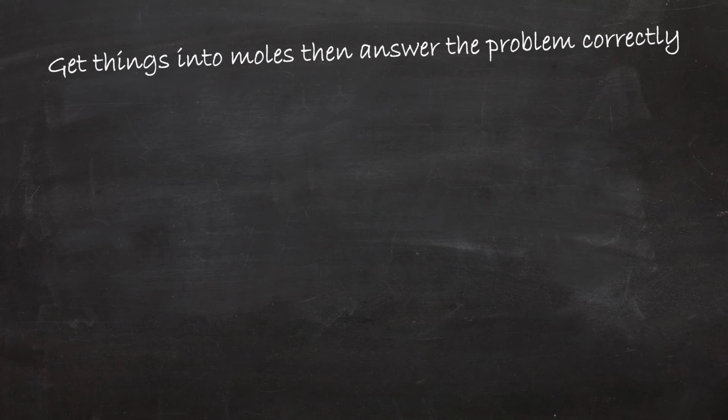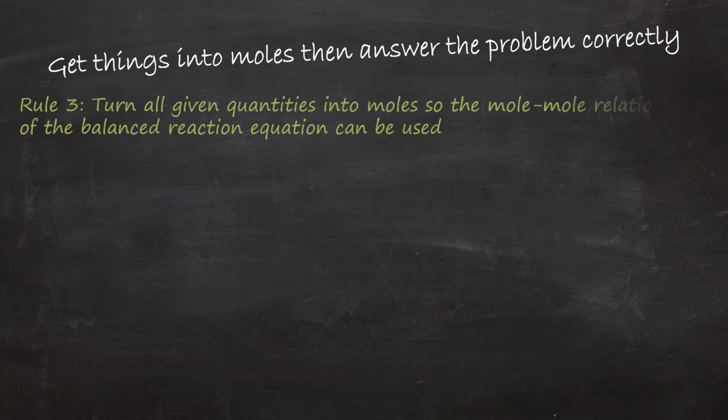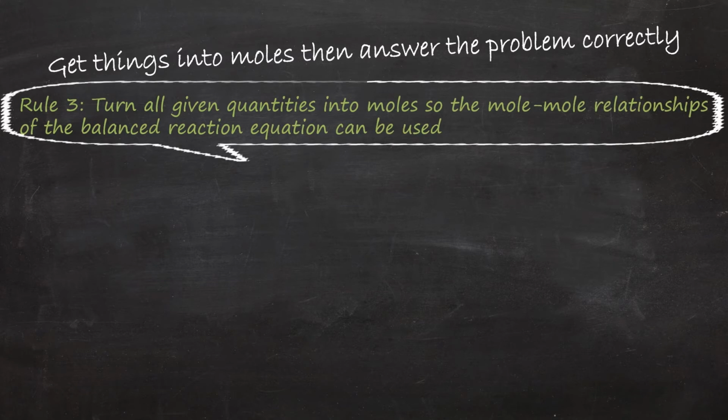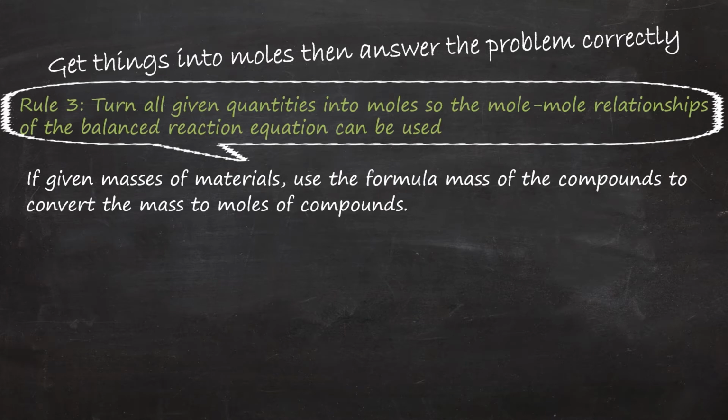If we're given information in mass, volumes of gas, or concentrations, the critical rule we need to follow is Rule 3. Turn all given quantities into moles, so the mole-mole relationships in the balanced reaction equation can be utilized. So if we're given masses of materials, we simply use the formula mass of the compounds to convert to moles of compounds.